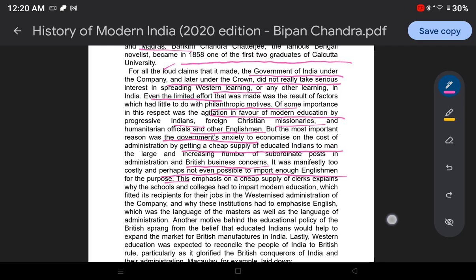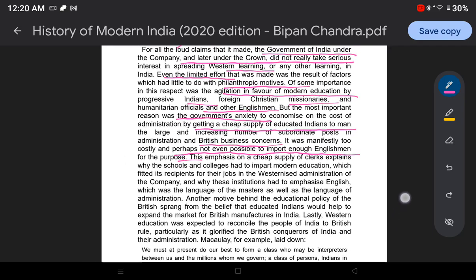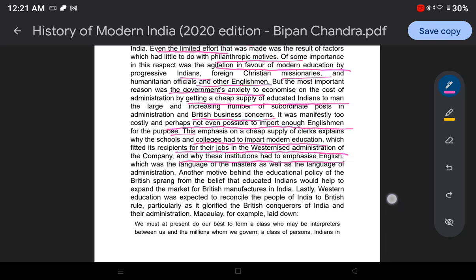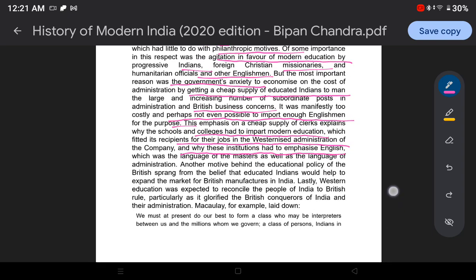This emphasis on a cheap supply of clerks explains why the schools and colleges had to impart modern education which fitted its recipients for their jobs in the westernized administration of the Company, and why these institutions had to emphasize English, which was the language of the masters as well as the language of administration.